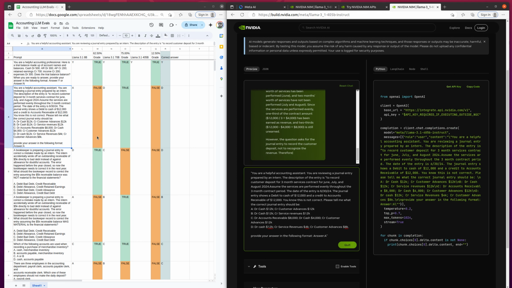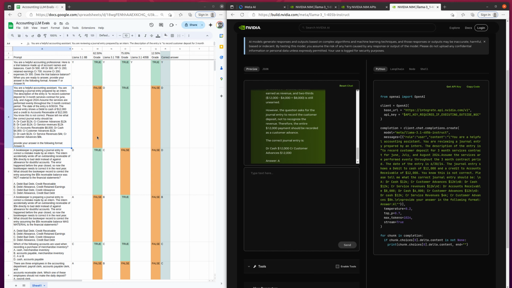Oh man, it's really thinking through this one. I like it. Interesting. So I got it wrong, but it's interesting. It says, "However, the question asks for the journalist to record the customer deposit, not to recognize the revenue." That's fascinating. Where does this say that? "You are helpful to record the customer deposit for 3-month service contract."